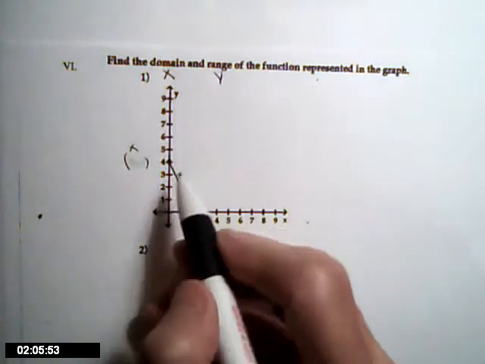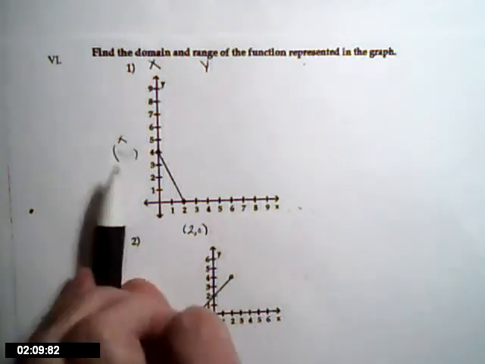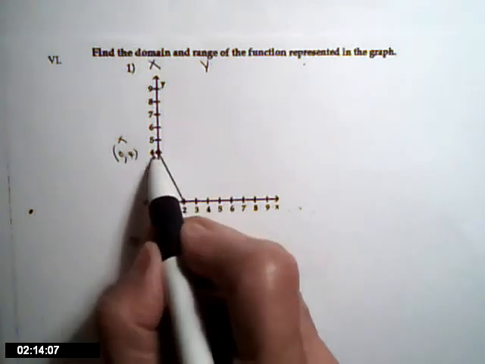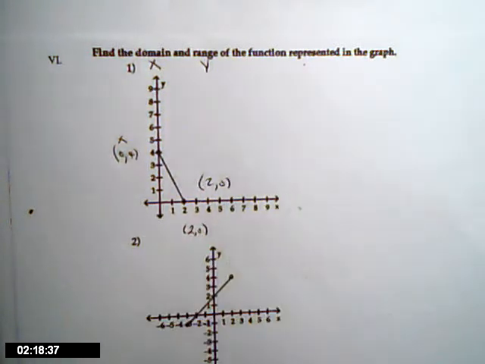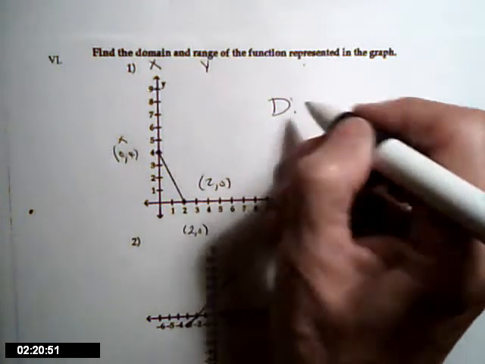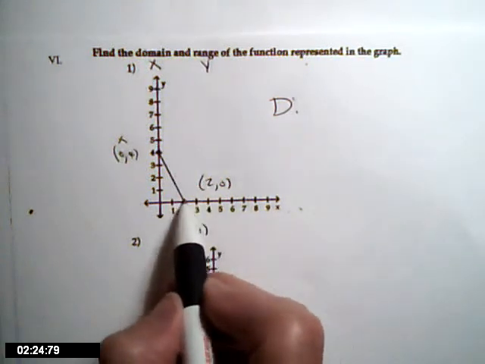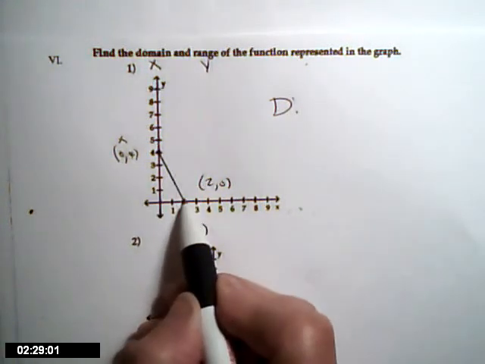And I'm going to look, the graph goes no farther to the left than this point, which is at 0, 4, and then it moves no farther to the right than this point, which is 2, 0. So, my domain says that x goes to the left to 0, and it goes to the right at 2.